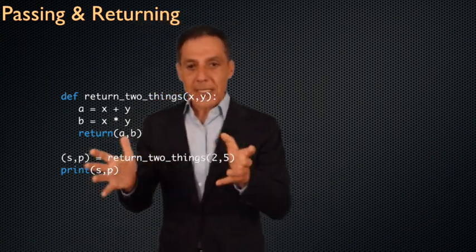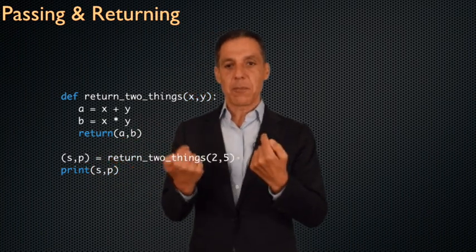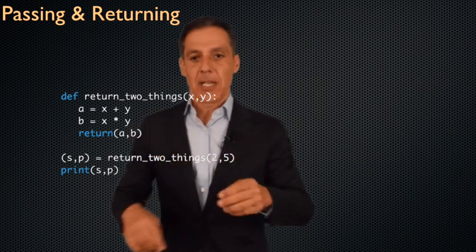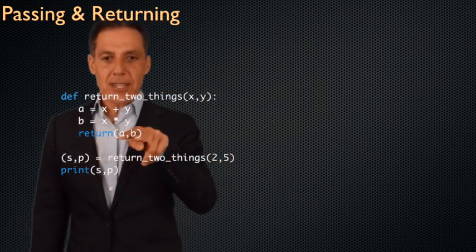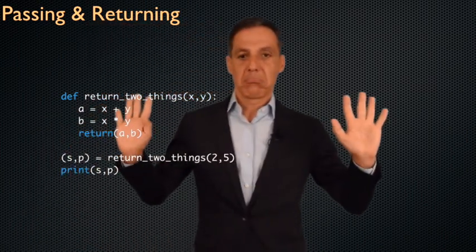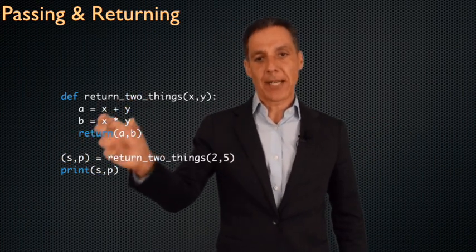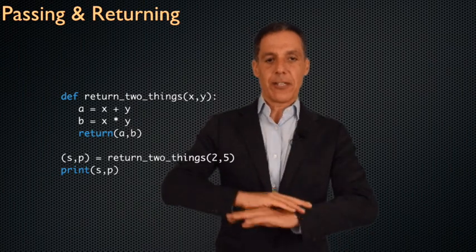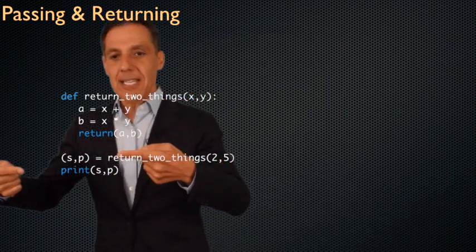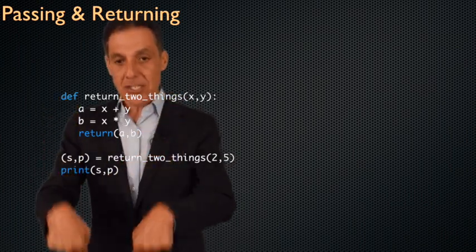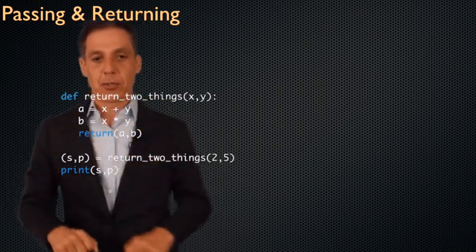And so out here in return_two_things, what comes back is 7 and 10, not a and b. And so the names of these parameters don't matter. They can be whatever I want. These are local parameters to the body of the function. Once the function is done evaluating, those parameters are gone. These outside of function definitions have legs. They continue to have the values as you go down below.